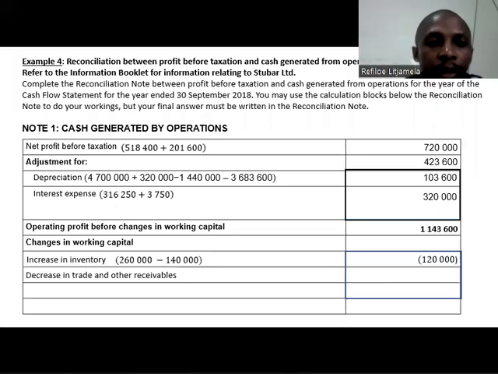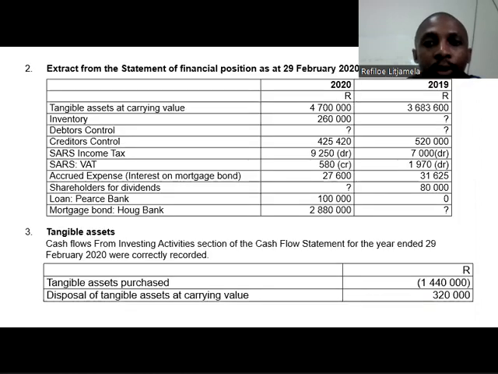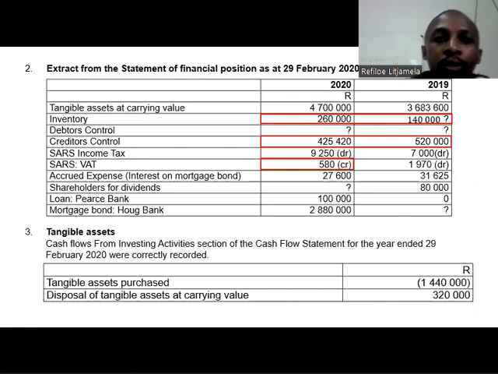I'm basically going to go back to the table that I was given in the answer book that I highlighted earlier on. We have done inventory, that's fine. And as I've said, I don't have debtors control, so I'm just going to leave that out. For now, I'm just going to focus on creditors control, and I will focus on the sales income tax, which was on the credit side.